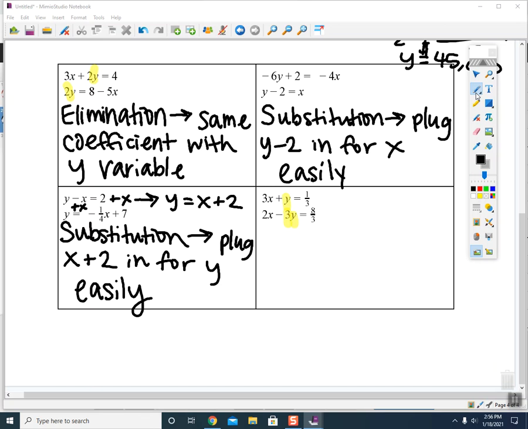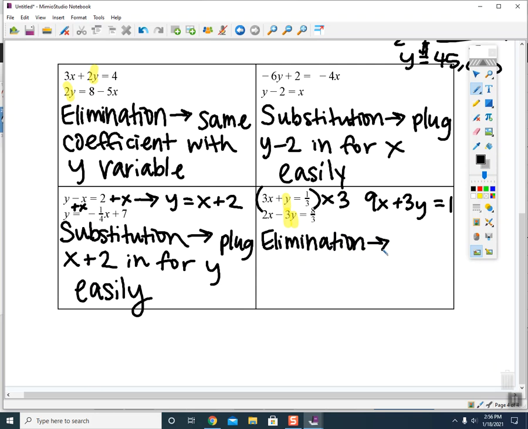But there's a lot of fractions in there, right? And I don't really feel much like plugging fractions into fractions all the time. So here's what I would do: I could multiply this top one by 3. So then I would have 9x plus 3y equals 1. In this case, elimination is the easiest.